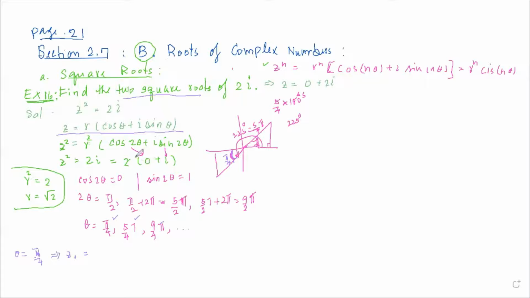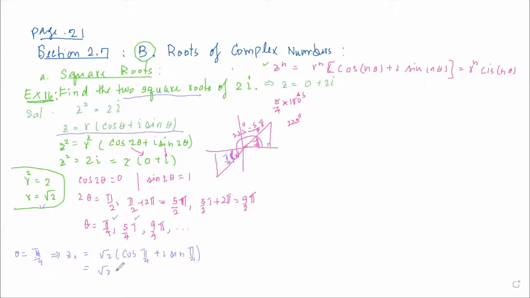Okay, so R we have this one, right? So it becomes square root 2, and this one is cosine pi over 4 plus i sine pi over 4, and then you simplify.